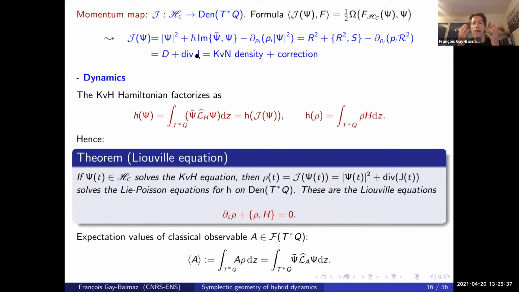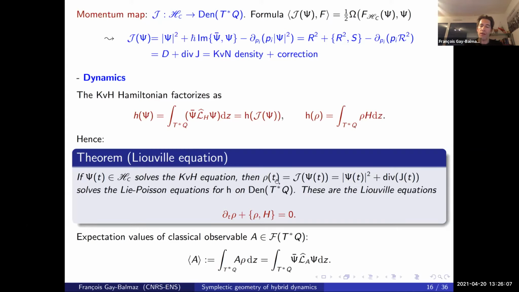So here it arises as a momentum map. And from this previous general theorem that I mentioned earlier, any solution of the KvH equations necessarily is sent to the Liouville equations via this momentum map, because the Liouville equation is the Lie-Poisson equation on the dual Lie algebra of this connection preserving action.